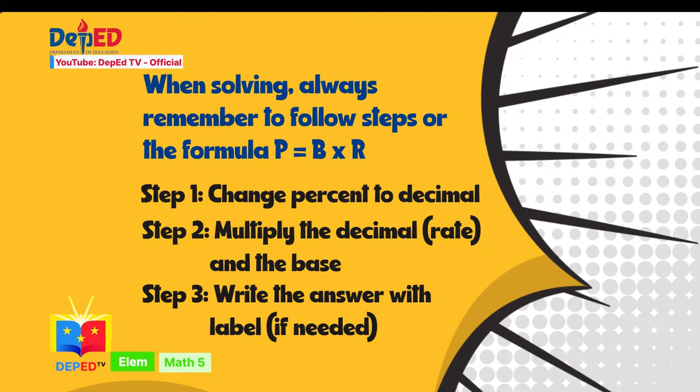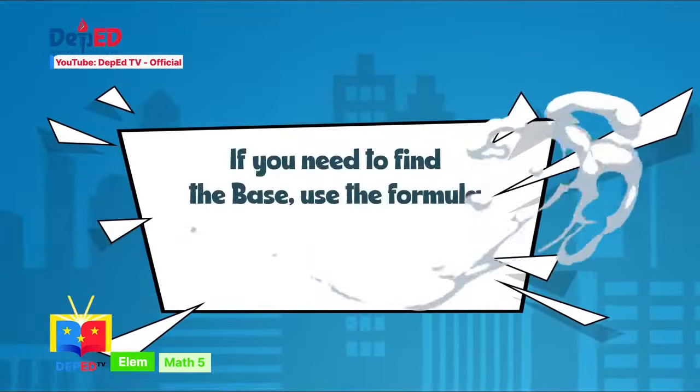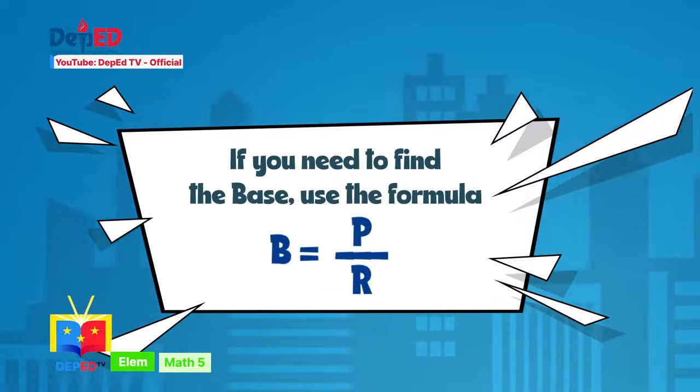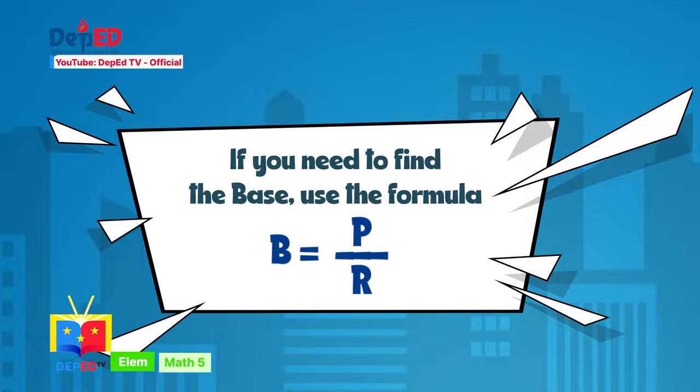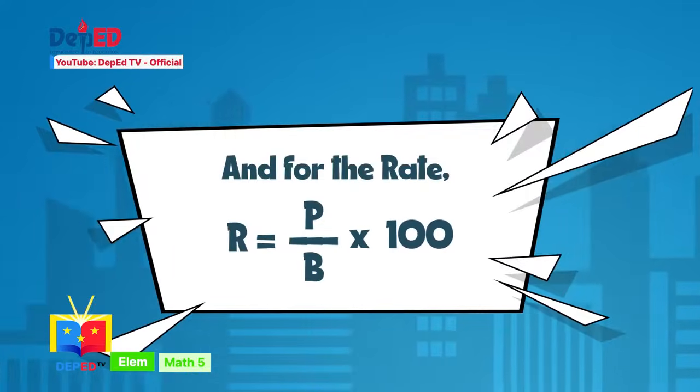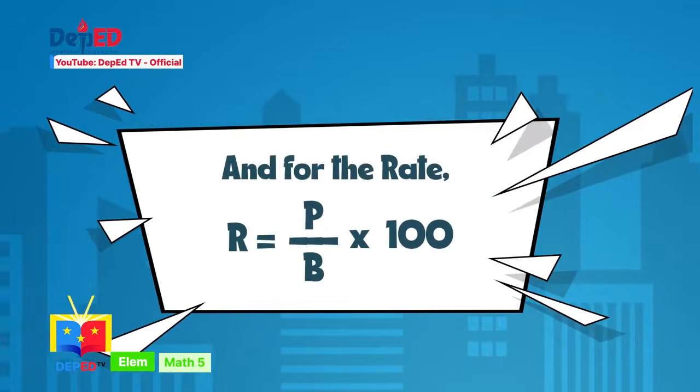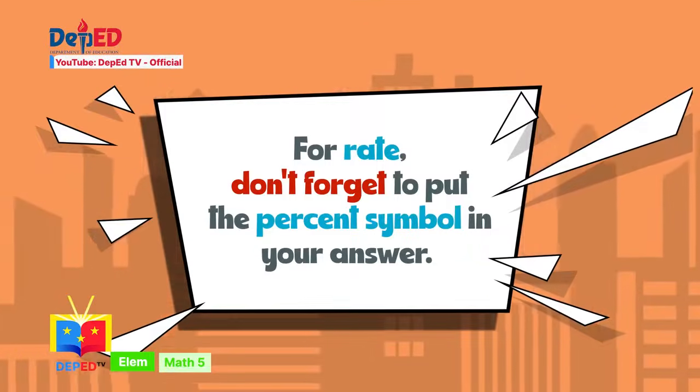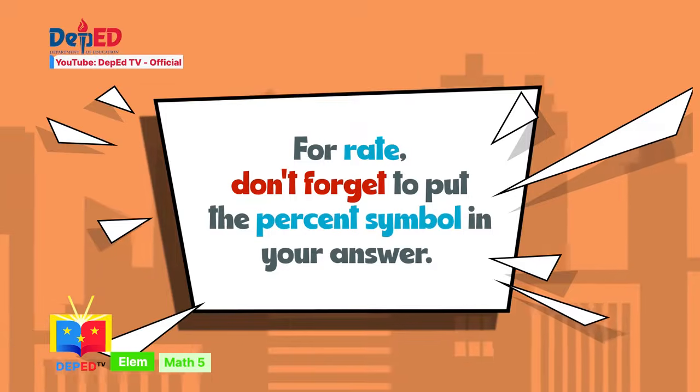Write the answer with label. If you need to find the base, use the formula B is equal to P divided by R. And for the rate, R is equal to P divided by B times 100. For rate, don't forget to put the percent symbol in your answer.